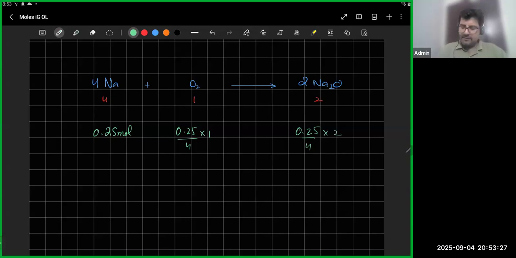So can anyone tell me what is 0.25 divided by 4? क्या आता है? 0.25 divided by 4 is 0.0625 moles.